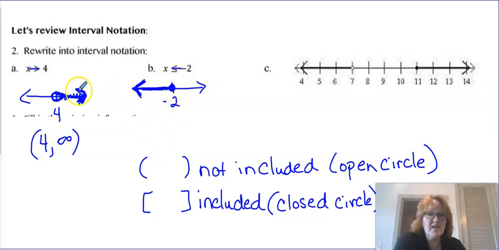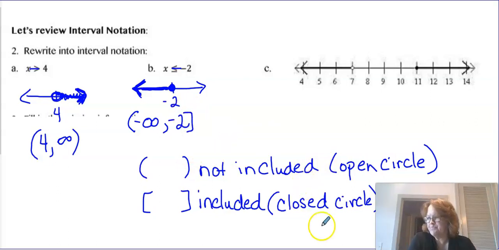Okay, so this is negative infinity. This is going towards negative infinity. Infinity and negative infinity always have parentheses. And it goes from negative infinity up to the -2. In this case, I have a closed circle, also meaning that the -2 is included in that set of numbers. So in this case, I'm going to use the little bracket.